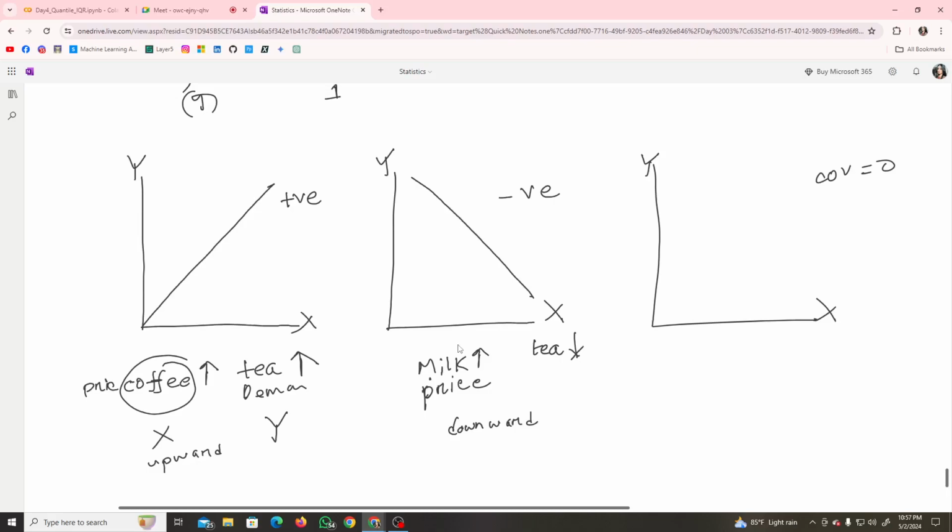And suppose in this graph there's no such relation. The data are distributed randomly around the graph, so you have no relation, right?